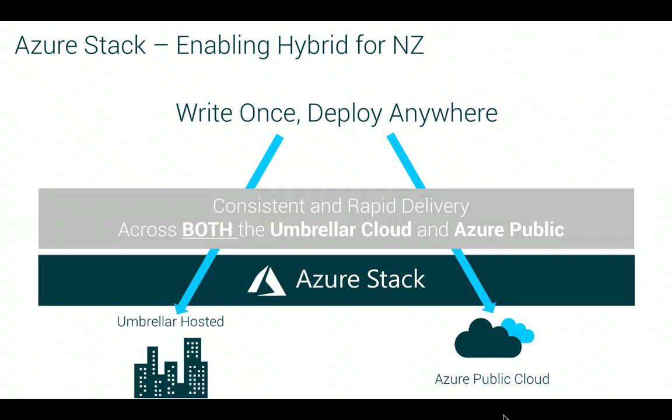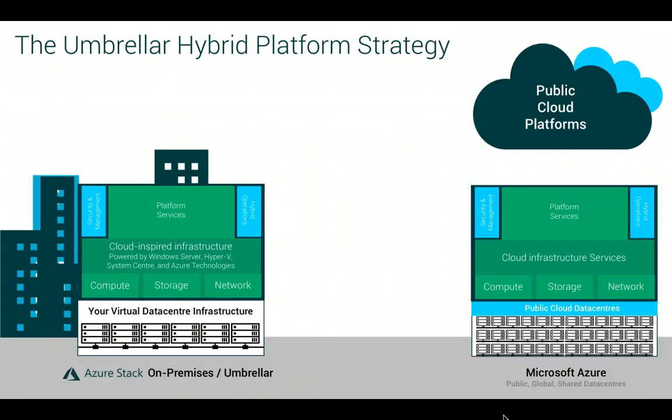So you can see now that the initial concerns or problems that were created by having a difference of approach between your on-premises cloud services and public cloud services are now starting to be really bridged.